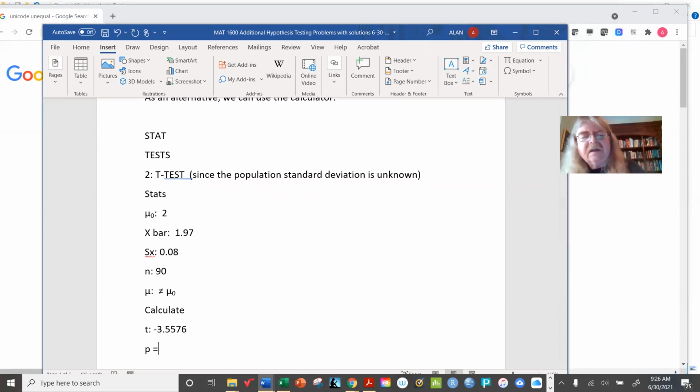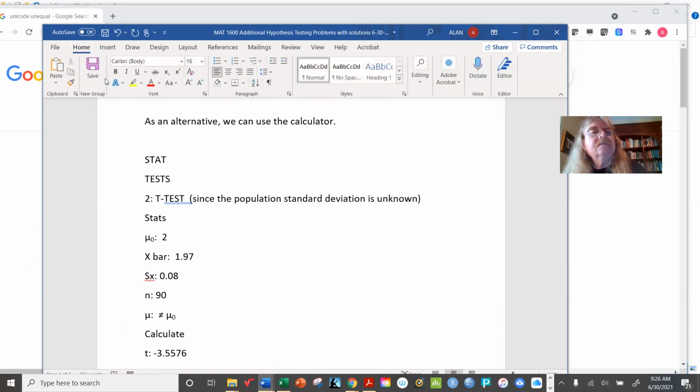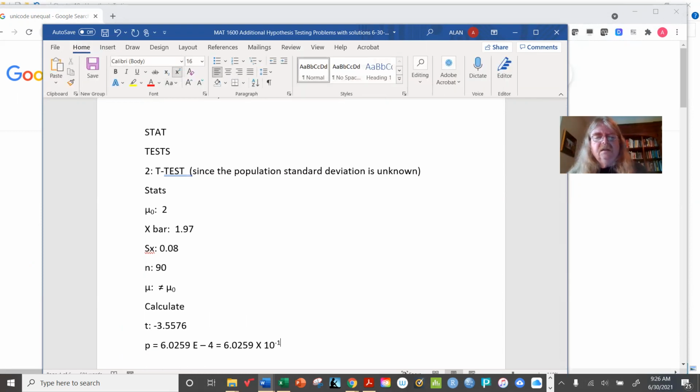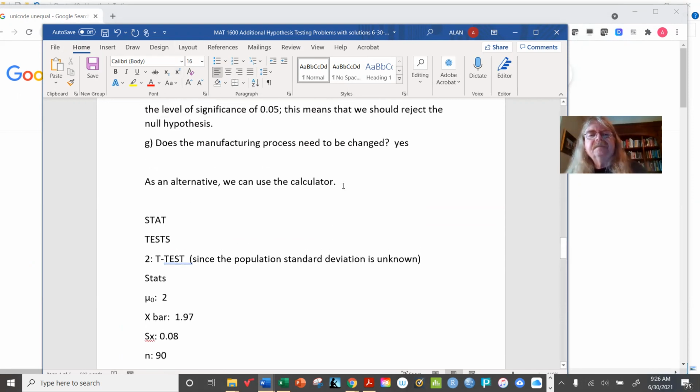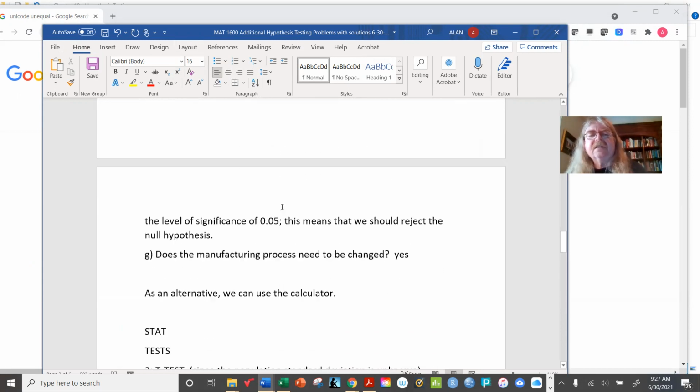And so their p-value is ever so slightly different than ours. 6.0259 e minus 4, which equals 6.0259 times 10 to the minus 4th power. It's the same thing. And then that means 0.0006029. So we had 0.0006. Yeah, you can see it's really close.